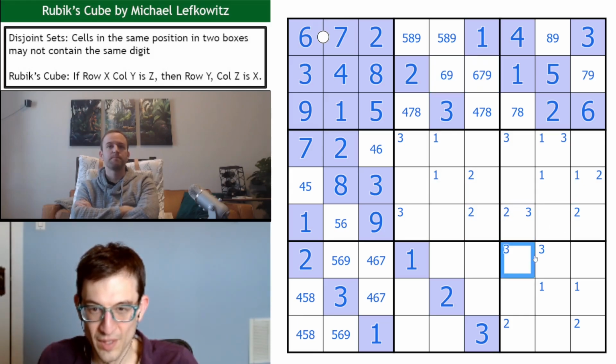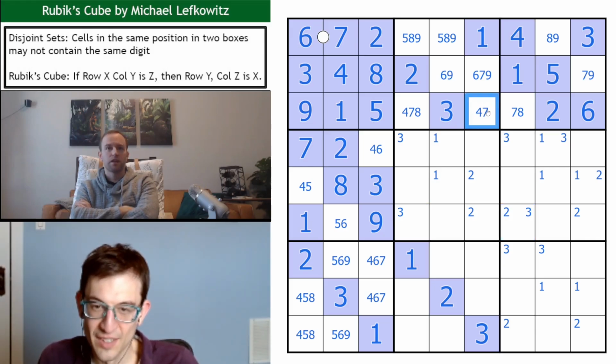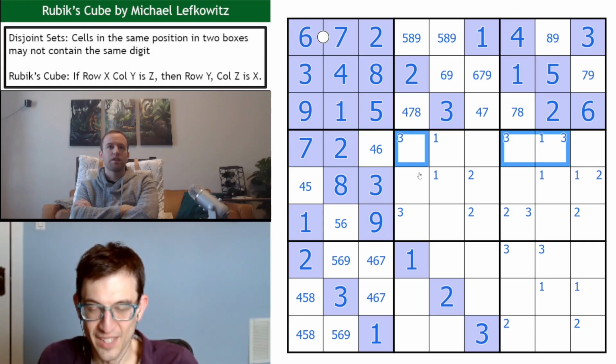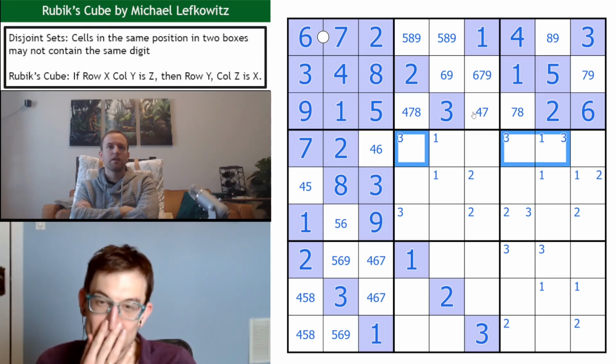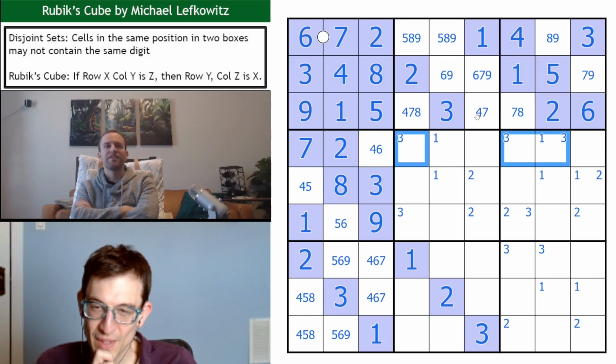The threes in column 6 are this, which is not 8. The threes in column 4 are these, which is all 3. Okay, I see. I'm starting to get this.